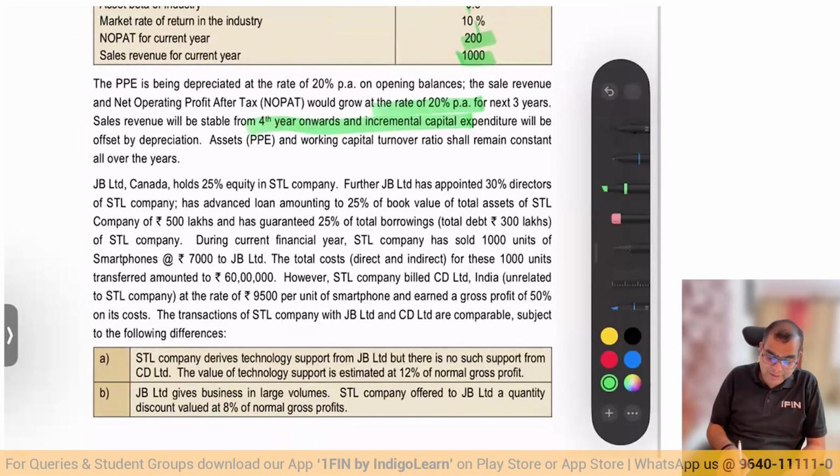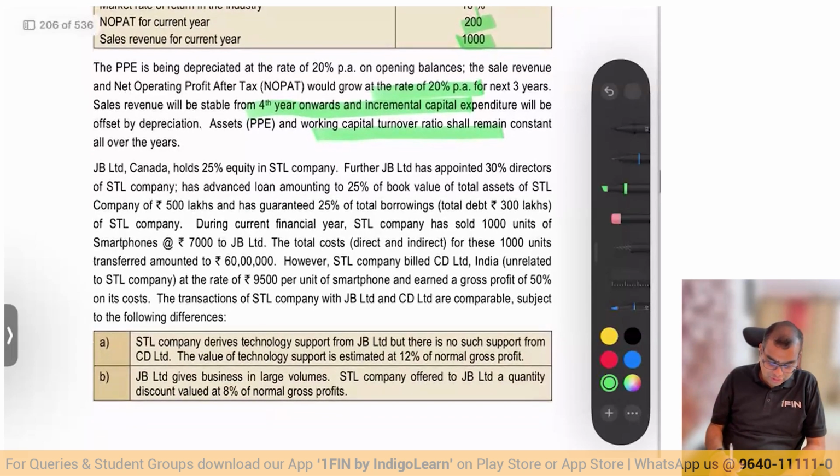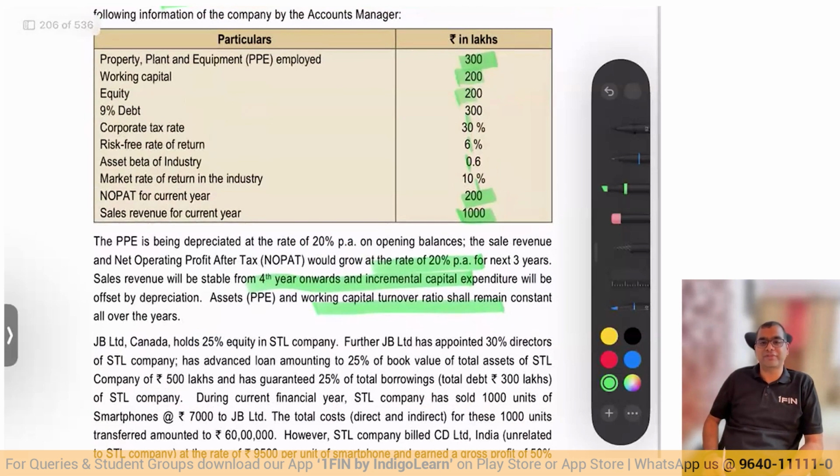Assets and working capital turnover ratio. So asset ratio and working capital turnover ratio. So basically assets is a percentage of sales. Okay, so using this, you have to now do FCFF or CFAT. You basically have to compute CFAT, then compute free cash flow to the firm, right? Why do you need to compute free cash flow to the firm?